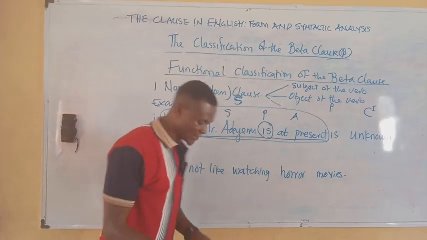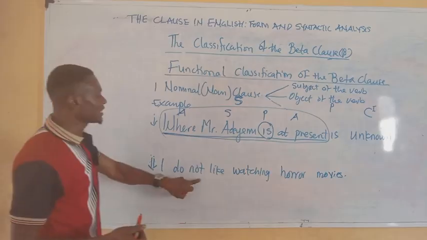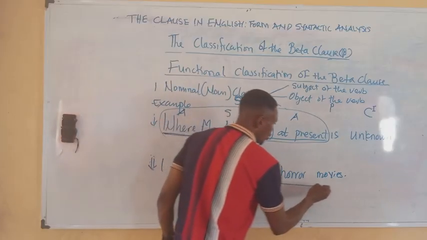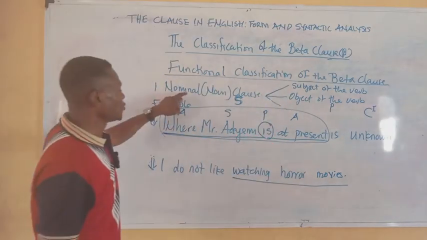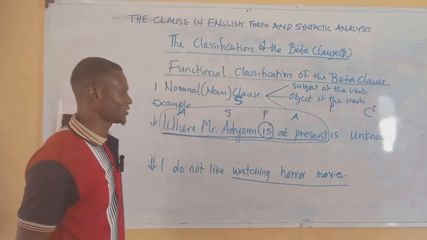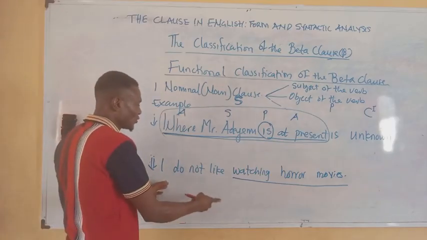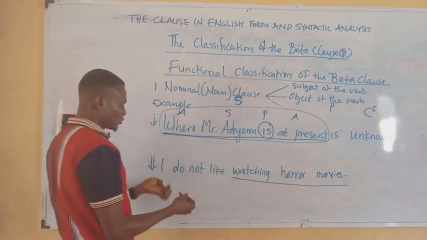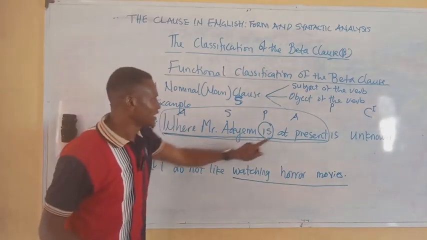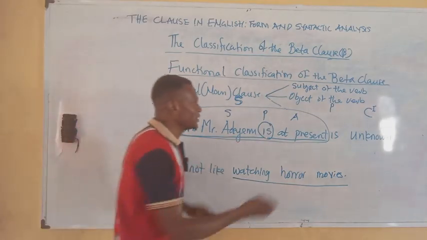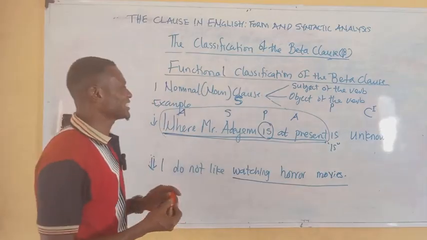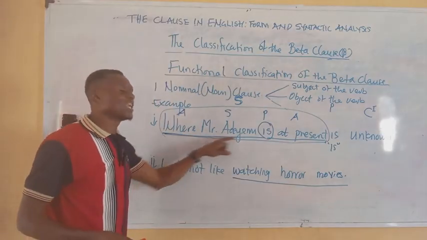Example 2: I do not like watching horror movie. Watching horror movie is a nominal what? It's a nominal clause or noun clause. Now, let's look at the function. Don't forget, let me give you the function of this underlying expression. It is the subject of the verb "is". In WAEC or NECO, what is the grammatical name given to the underlying expression?